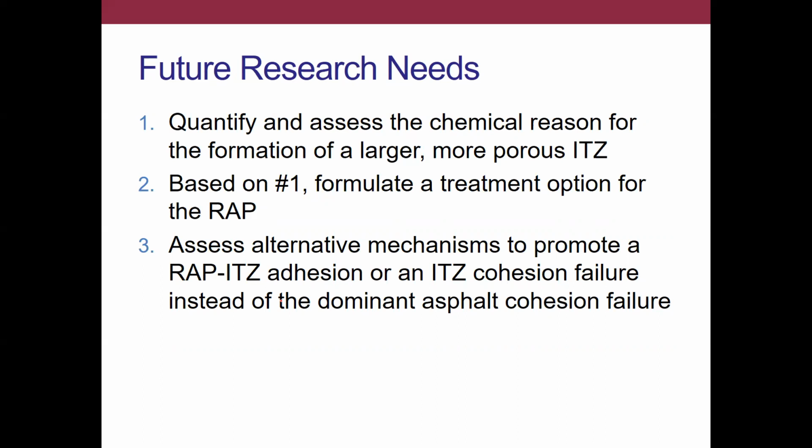And then we also have to somehow fix this cohesive failure, right? And that may be the more challenging one. Because we do know that we have the ITZ issue, and then we have the cohesive failure issue, both of which are affecting the mechanical properties of RAP concrete. So we really need to look at both of those issues before we can hope to improve the properties of our concrete.